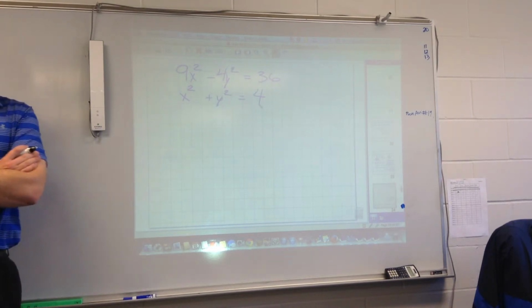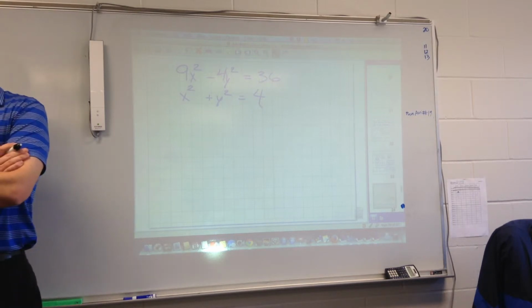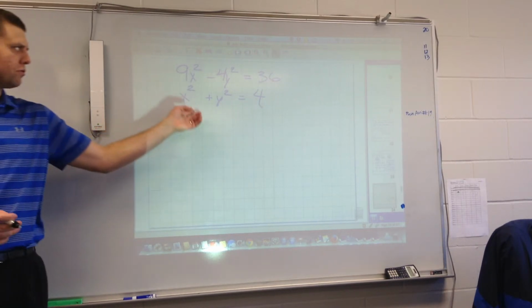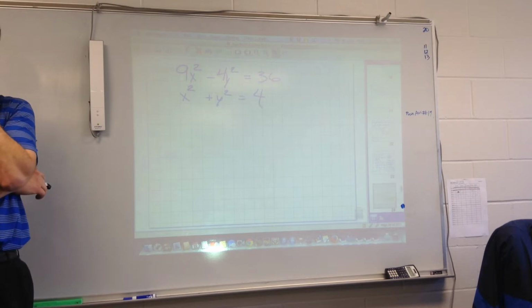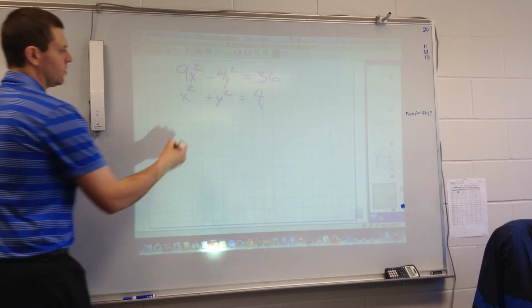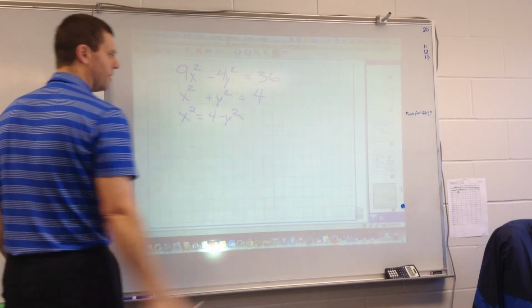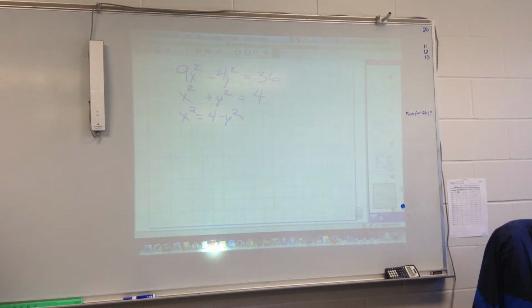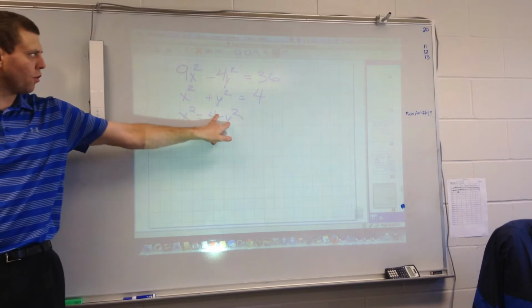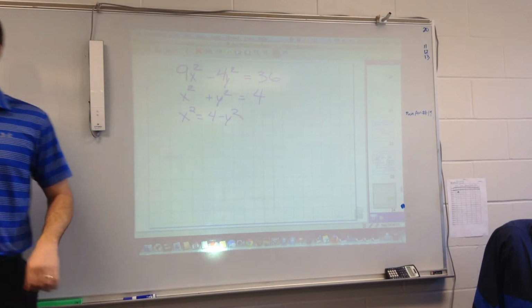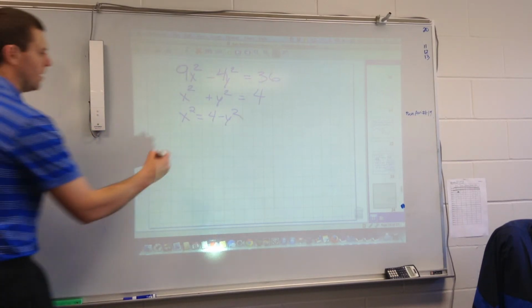I would either get x squared by itself or y squared by itself here. I'd probably choose x squared because the x squared is positive in that top one. So x squared equals 4 minus y squared if I subtract y squared from both sides. Then I substitute 4 minus y squared up in that top one.